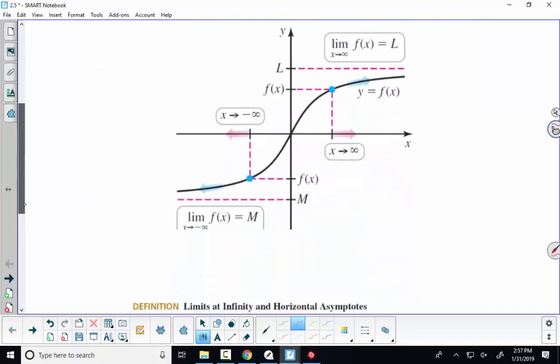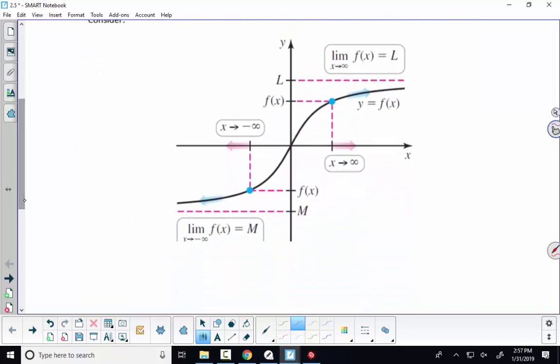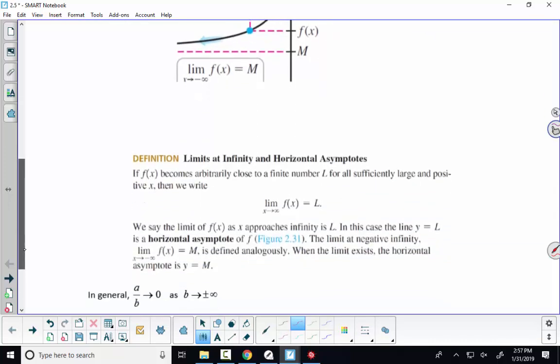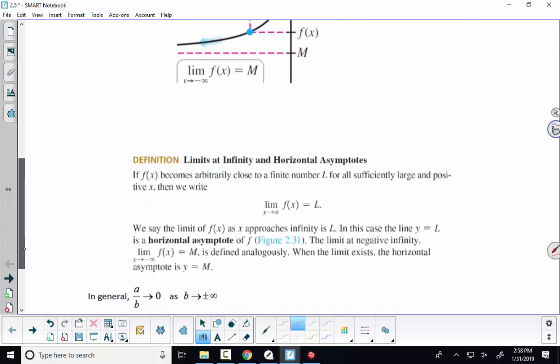So here again is a visual definition, I guess, of what we mean when we say limit at infinity. So that's the figure that corresponds to this definition. Now you'll notice in this definition that there's two limits at infinity.